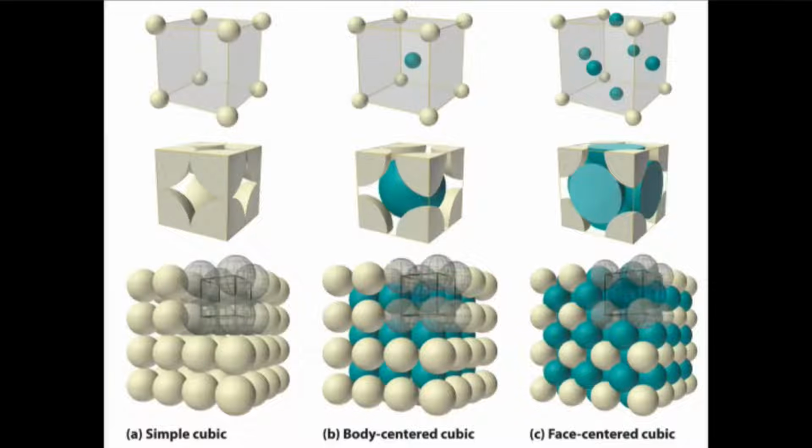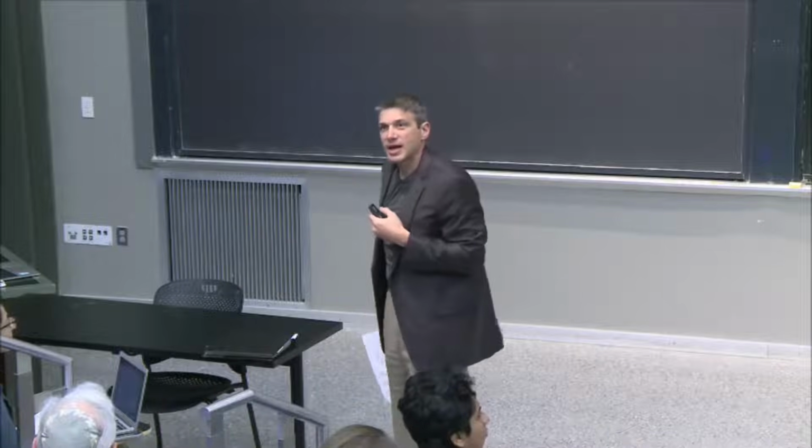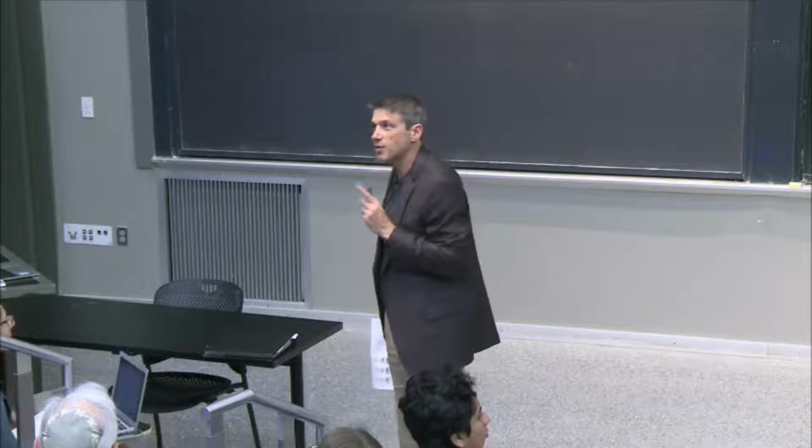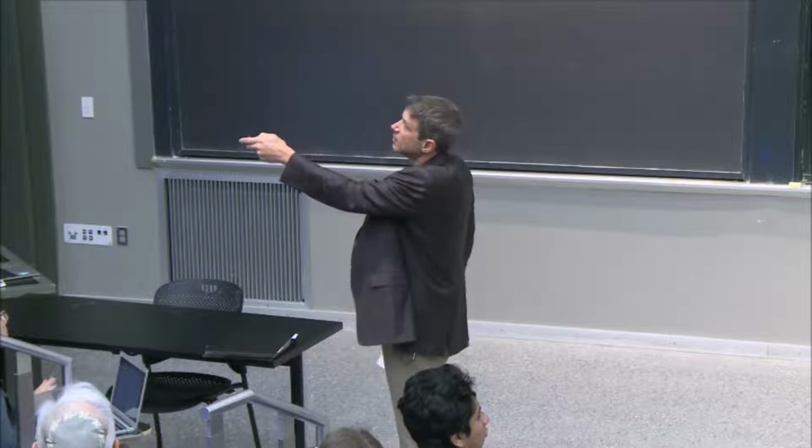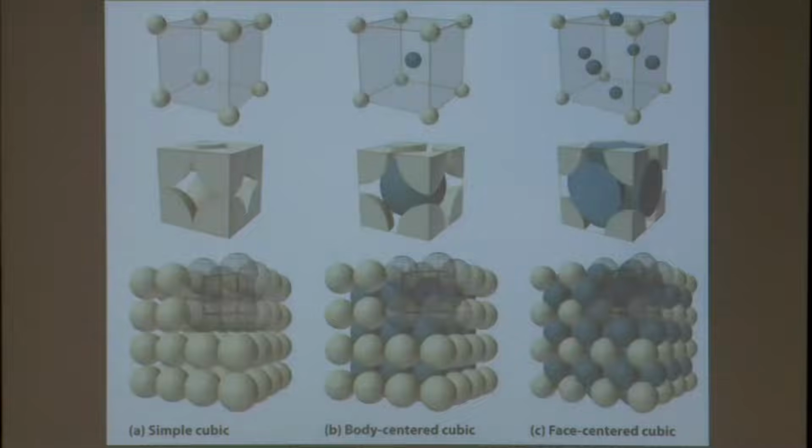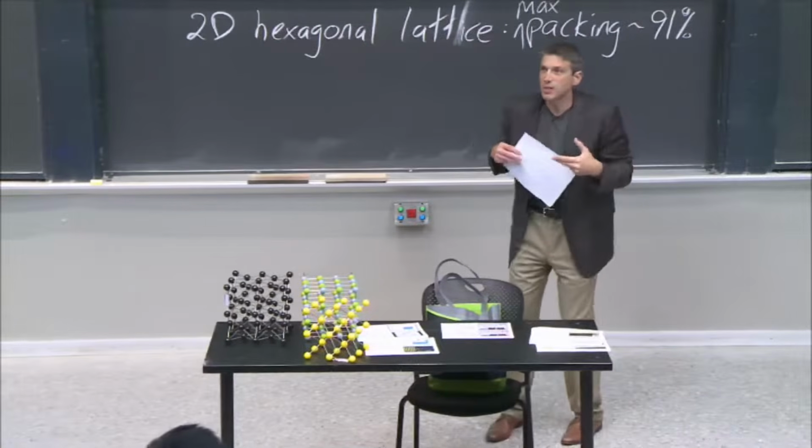But the space filling model is really important here, because it lets us think about the maximum packing. Remember, these are bonding together, so drawing them all the way up to where they touch helps us understand what their maximum packing can be.